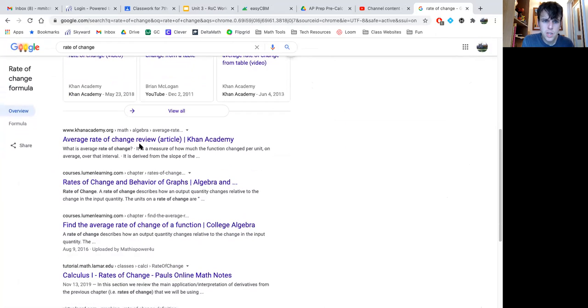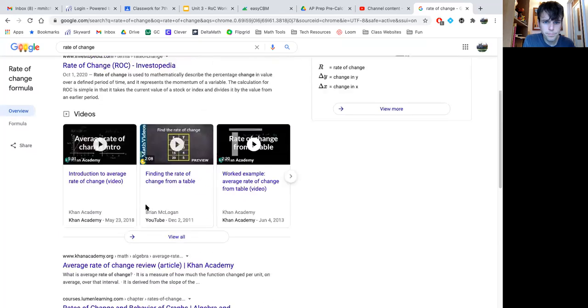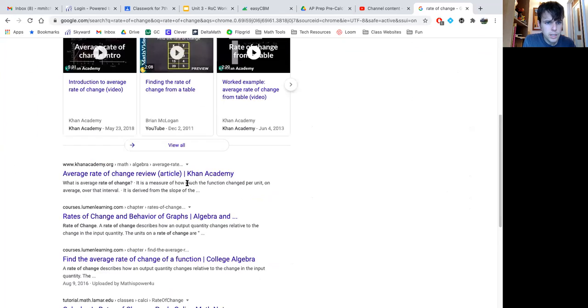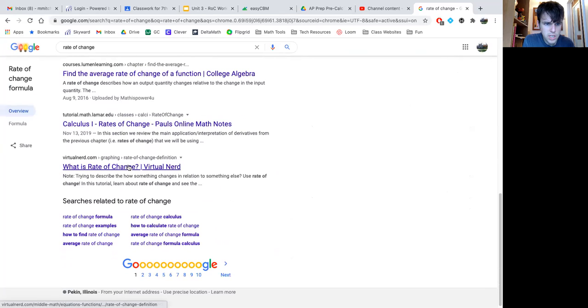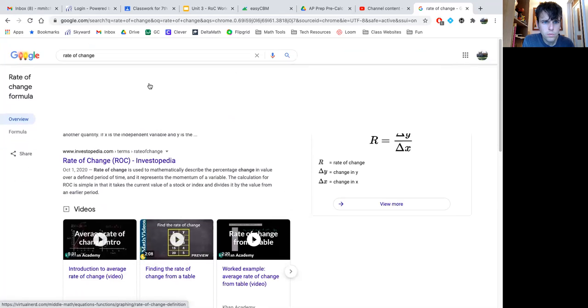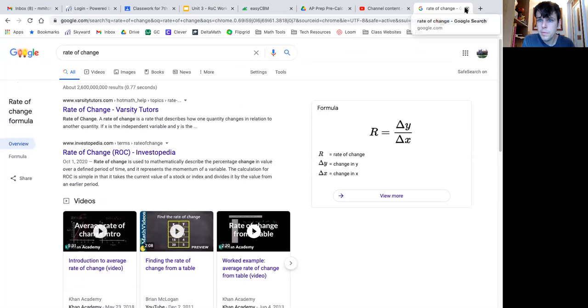What is rate of change? A measure of how much the function changed per unit on an interval. Let's see here. What else can we figure out? You can kind of explore some of these things. I feel comfortable just filling out an answer here.